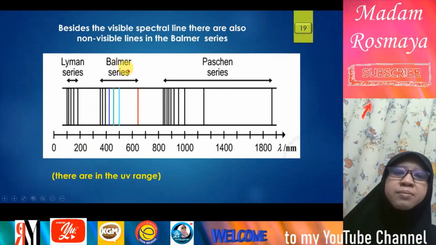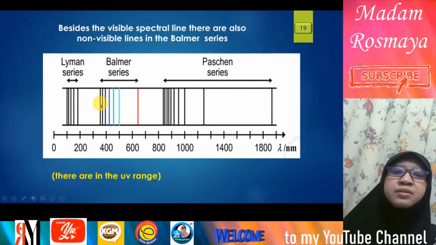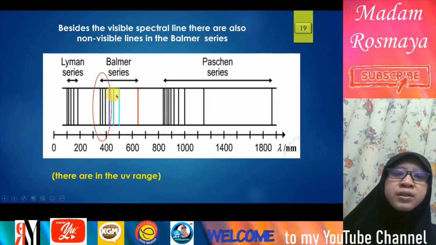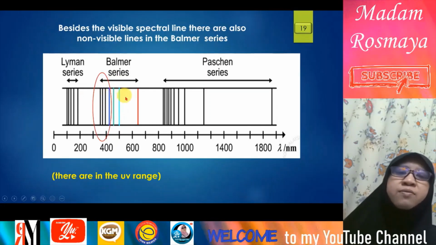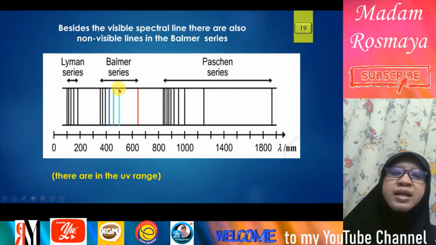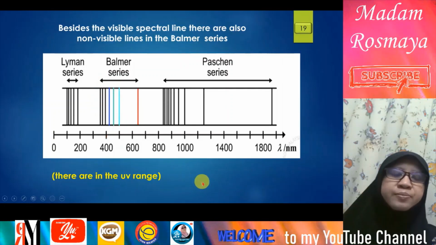The Balmer series for larger levels will also result in non-visible wavelengths, so the Balmer series involves two parts, the non-visible and the visible lines of the spectrum.